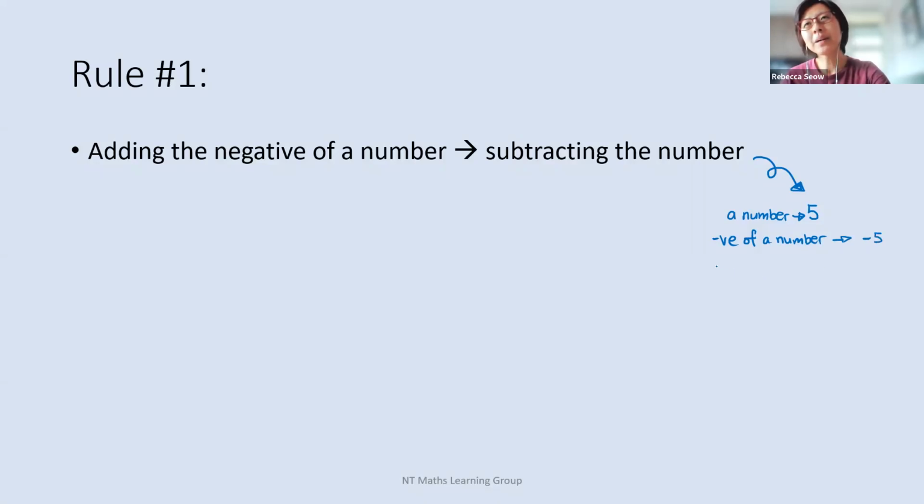So what do you mean by adding the negative of a number?